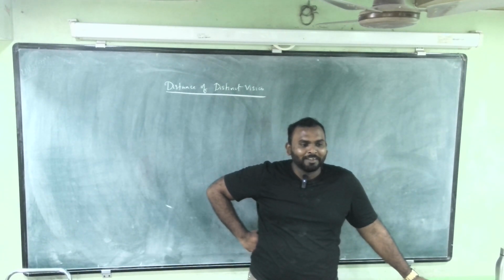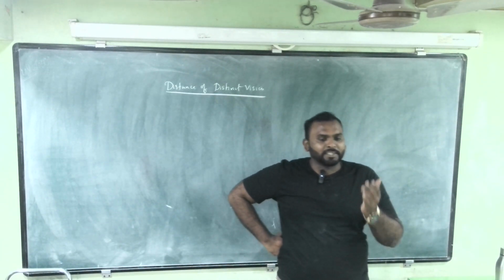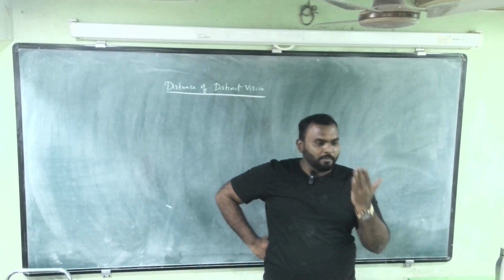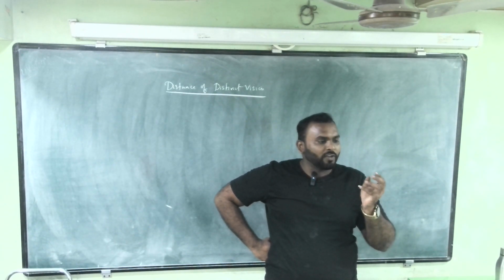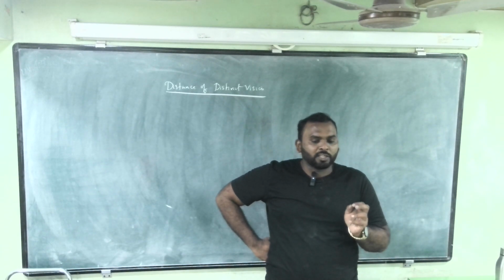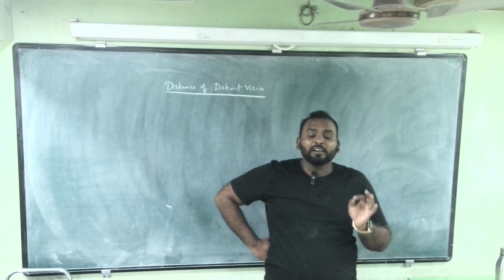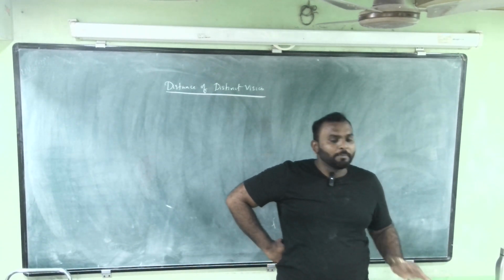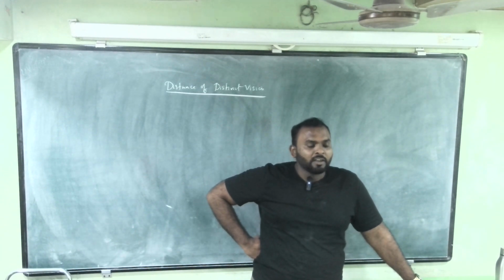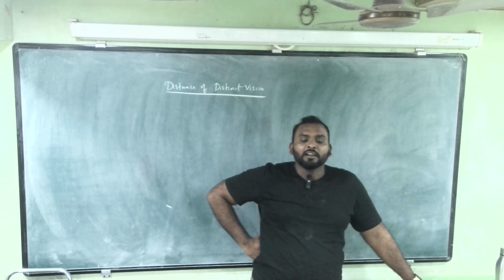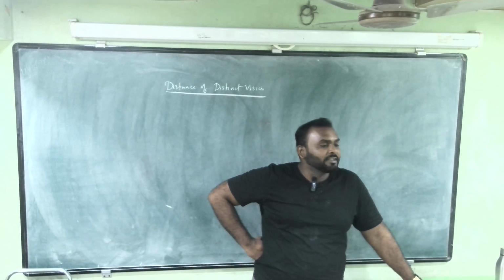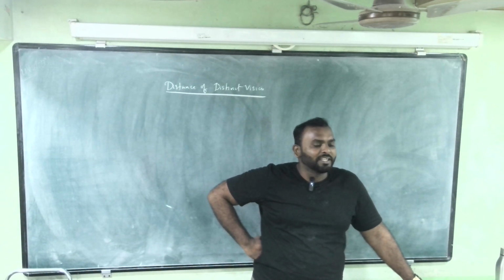So the minimum distance of an object from a normal human eye at which the object can be seen clearly and distinctly without any stress on the eyes is called distance of distinct vision.